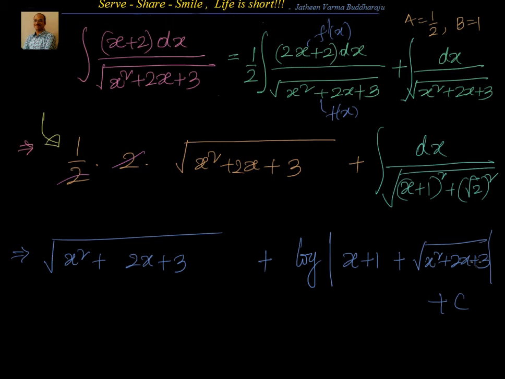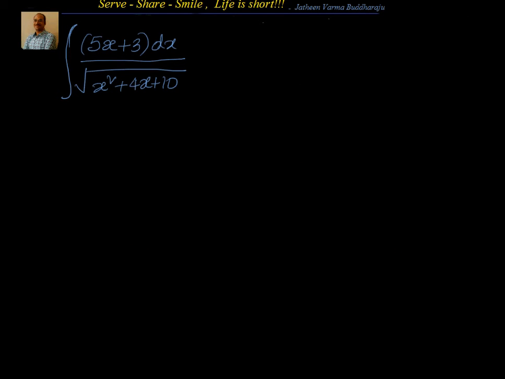So we'll do one more problem before we wrap this up. We have to find out the integral of 5x plus 3 dx by square root of x square plus 4x plus 10. So first we have to find out a, b values. So first we'll write down what we want to do with this now.